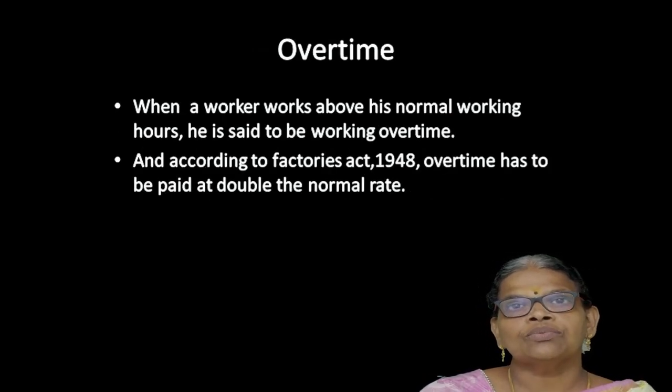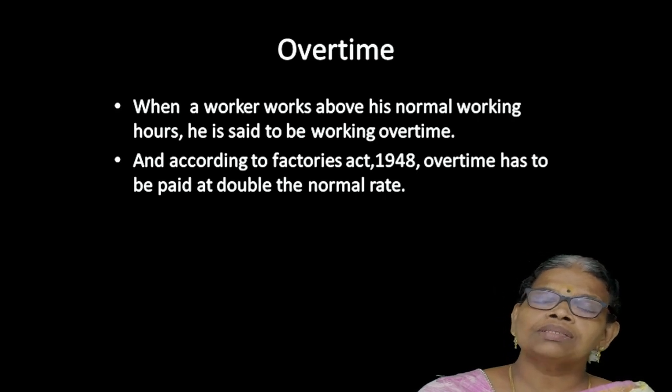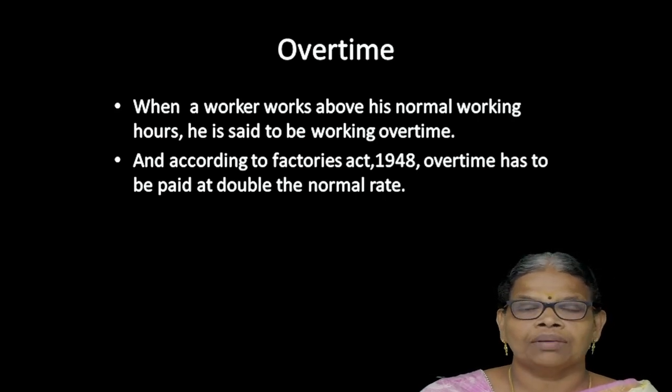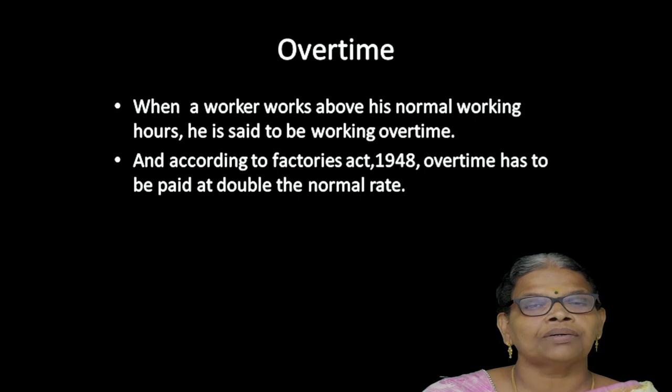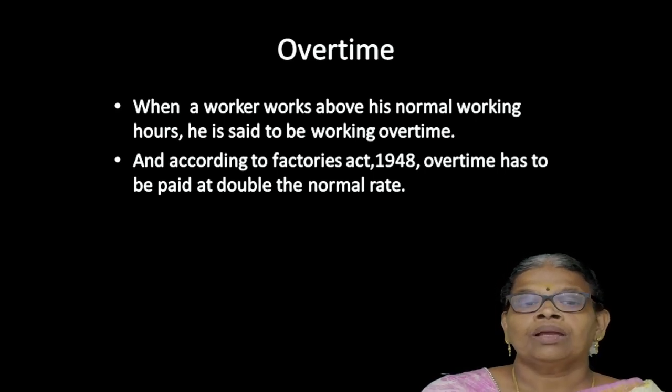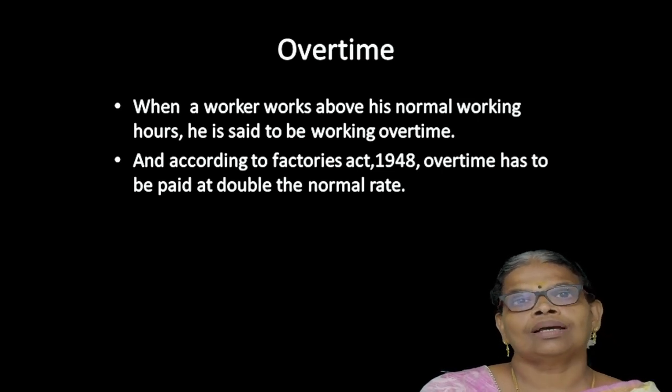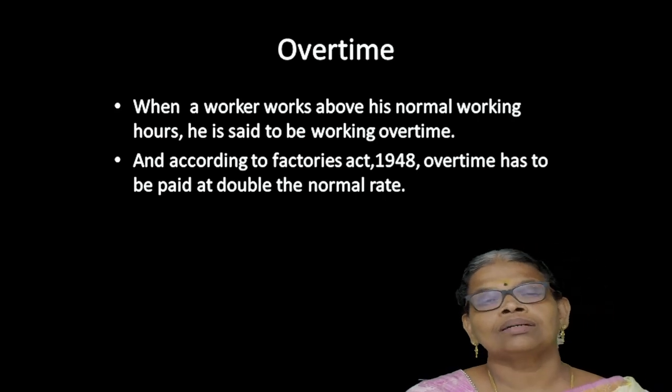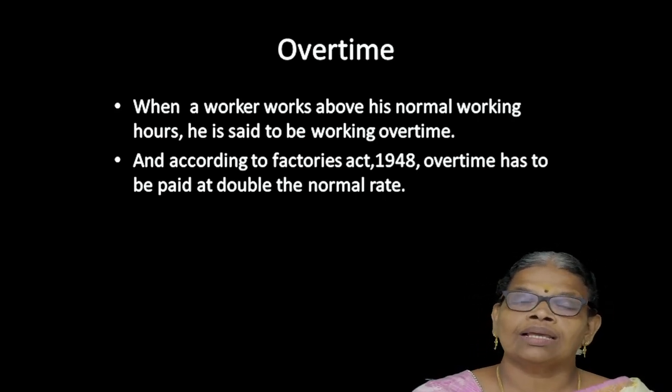Next, the question is overtime. There is some difference between idle time and overtime. Idle time is due to lack of instruction or power failure, where workers lack work. In the case of overtime, workers are forced to work over and above the normal working hours. Usually normal hours are 10 to 5 in an office, lab or factory.